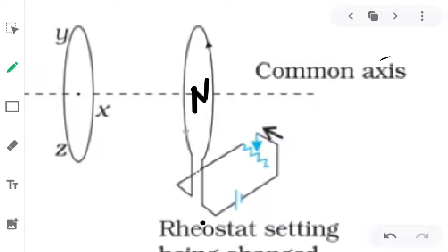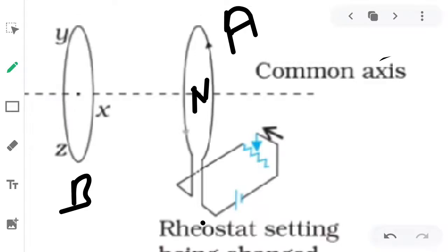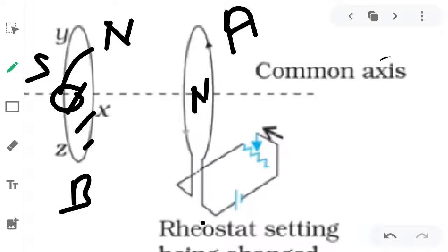Current is increasing, and increasing means opposite polarity. So the face of the B coil towards the A coil will obviously have a north pole, but the axis shows that this face is towards the left, so it will have a south pole, because a coil is like a magnet, one face north, the other face south.